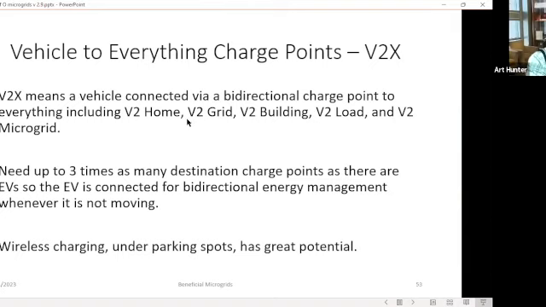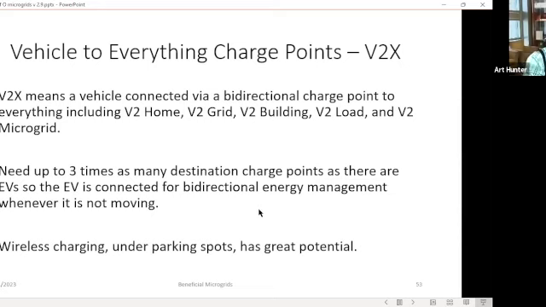And it is in fact a technology that is coming, and it will be used to help supply power to the grid as the demands are changing. And I did make the point earlier that you need up to 3 times as many destination charge points as there are EVs.